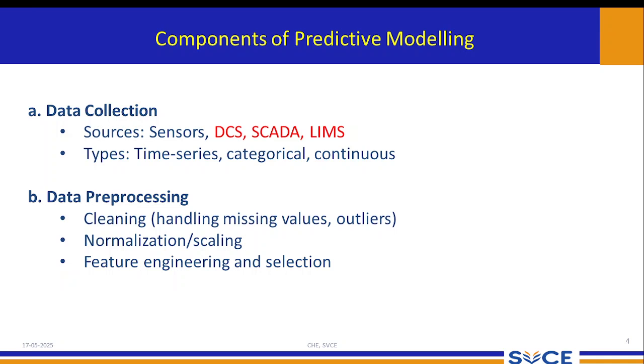What are the key features and functions of SCADA? Data acquisition: the SCADA system collects real-time data from various sensors and devices in the environment. Control: they enable remote control of equipment and processes, allowing operators to adjust settings and make changes from a central location. Supervisory function: the SCADA system provides a high-level view of industrial processes, allowing operators to monitor and analyze the data being collected.